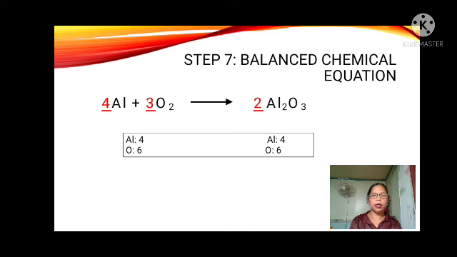On the other side, aluminum is 2 times 2 is 4 and oxygen is 3 times 2 is 6. If you check the number of atoms of each element, aluminum is 4 on the reactant and 4 on the product, and oxygen is 6 on the reactant and 6 on the product. So this is now the balanced equation.